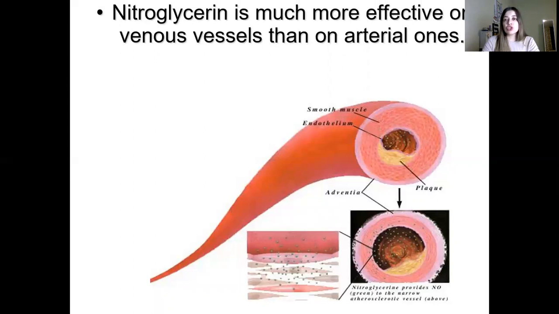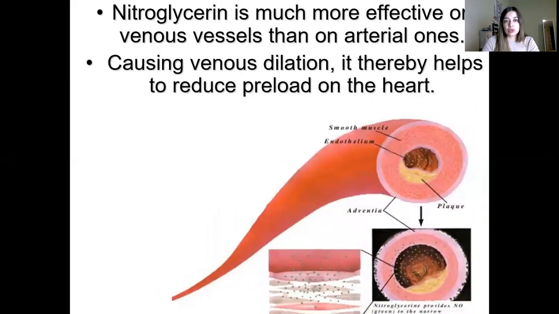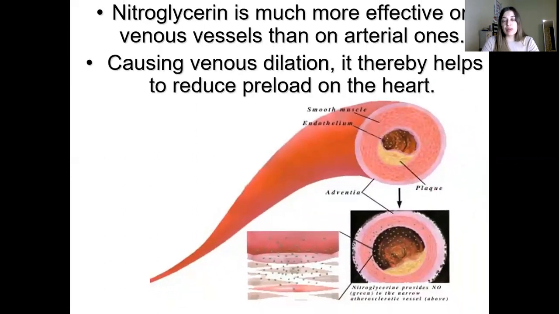Nitroglycerin is much more effective on the venous vessels than arterial. So we should remember that causing the venous dilation thereby helps to reduce preload on the heart, as I already said.